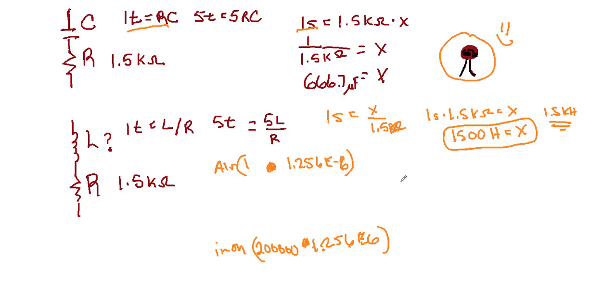Now our formula would say that 1,500 henries is equal to that value of 1 times 1.256 e minus 6, times the number of turns squared. In this case, we'll just do a modest number of 1,000.